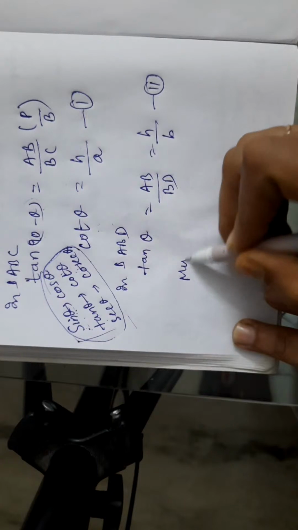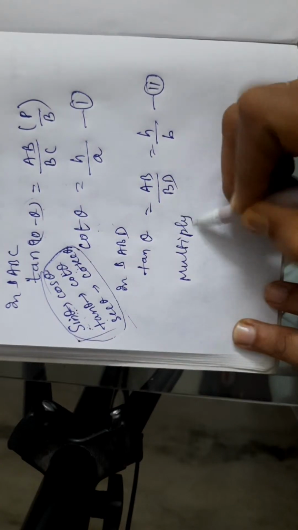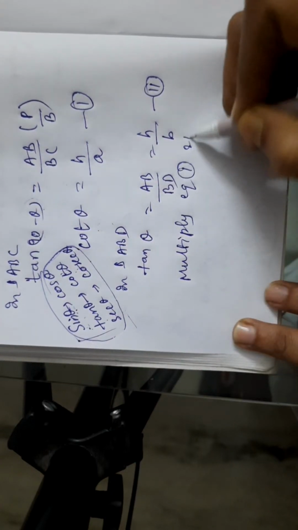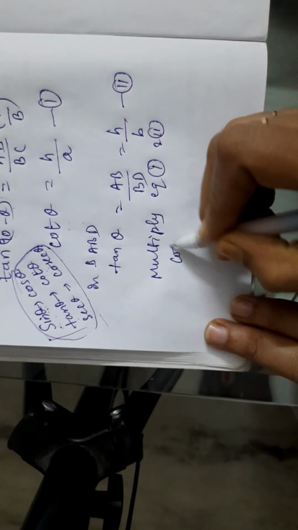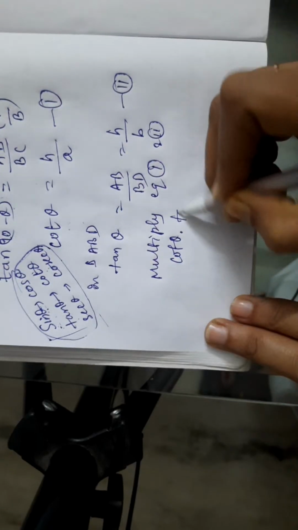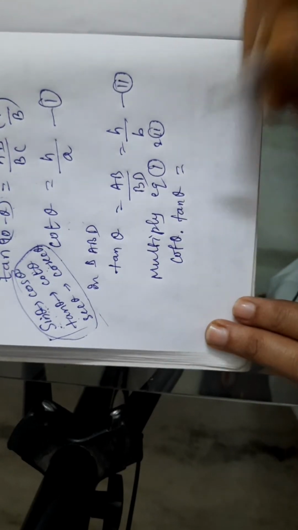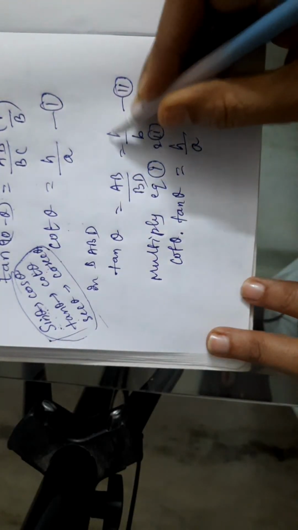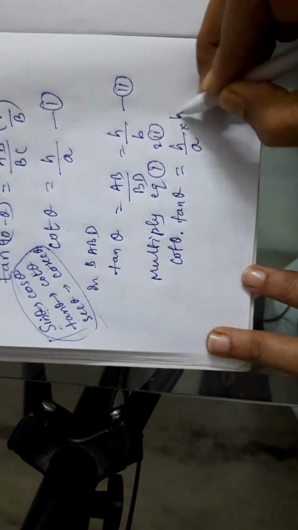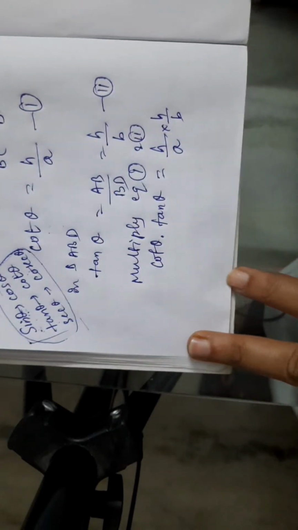The next step, multiply equations 1 and 2. If you multiply these equations, the first equation was cot theta, multiplied by tan theta. And we had H upon A to be multiplied by H upon B. So have the cross multiplication here.